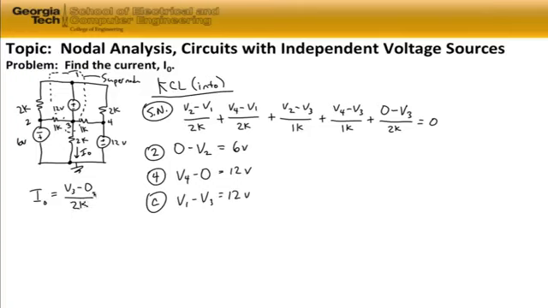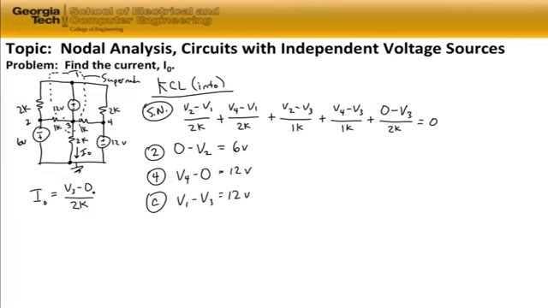That's our I sub 0. So if we're looking for I sub 0, really what we're after is V sub 3, because once we find V sub 3, we can solve for I sub 0. Right now we know V2 is minus 6 volts and V4 is 12 volts, but we don't know V1 or V3.